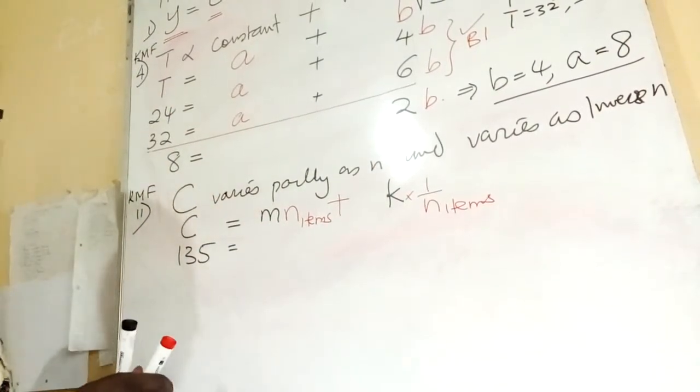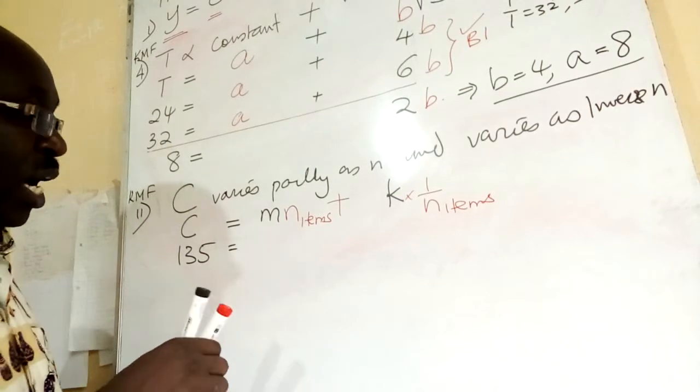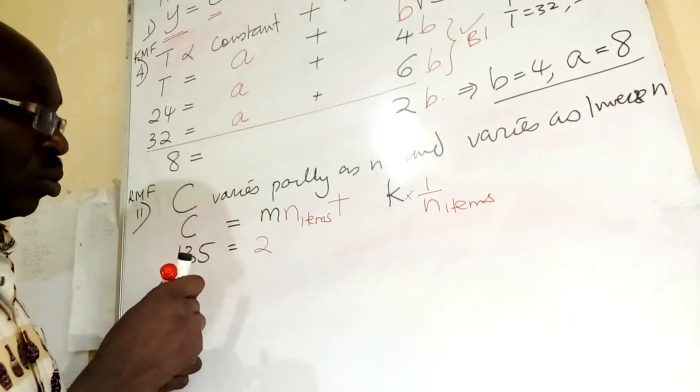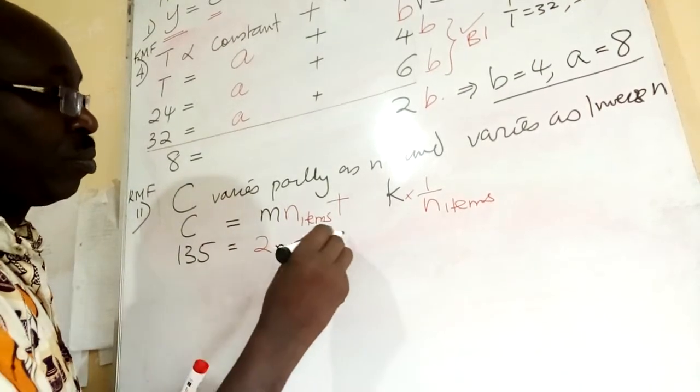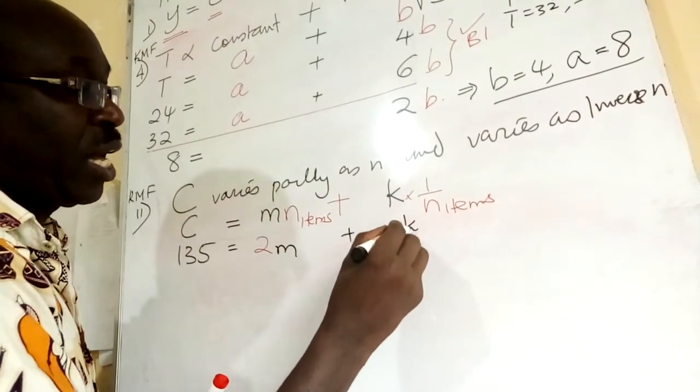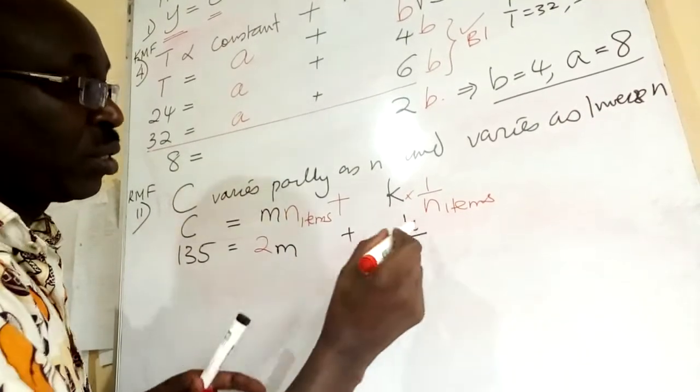What do I do here now? Since there are 2, I write 2m plus k over 2.